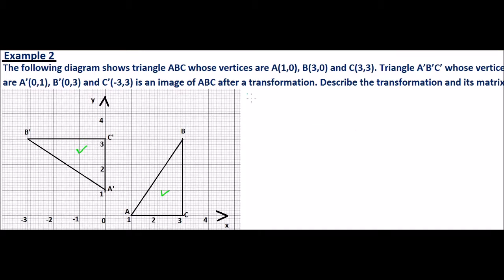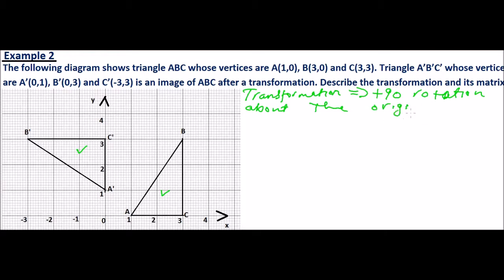So the transformation is a positive 90 degree rotation about the origin, which is at point (0, 0).